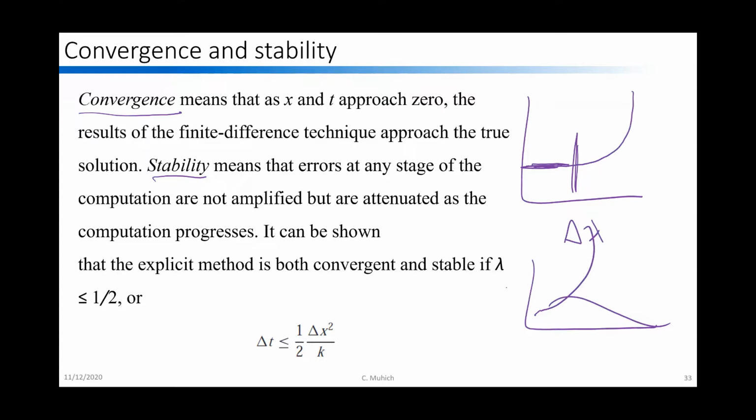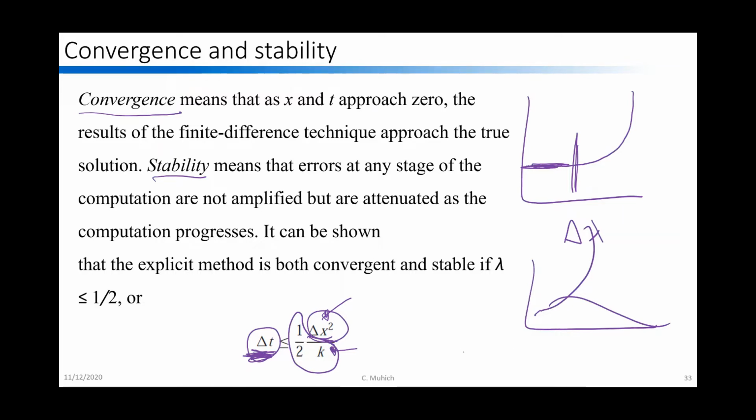The key is looking at the relative sizes of this time step and my x step, in relationship to my different variables. I need to make sure that my time step is quite small compared to my x step, modified, of course, by how rapidly heat is coming in.